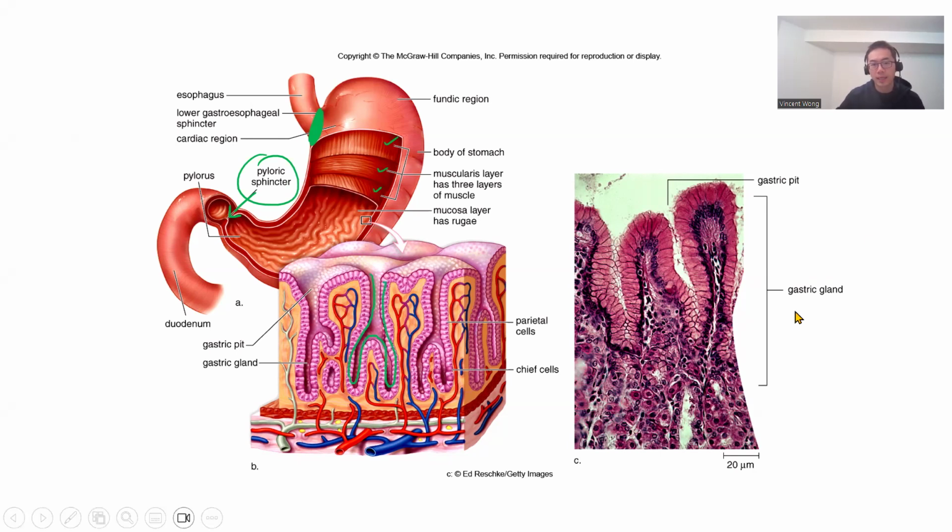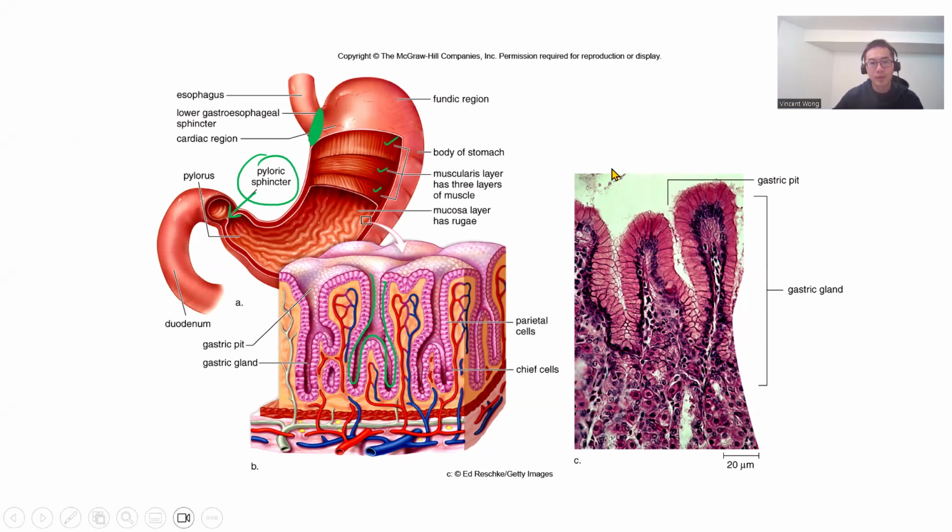Located at the bottom of these grooves, that's where you have what we call a gastric gland, and that's where the stomach acids and some of the other secretions are produced.